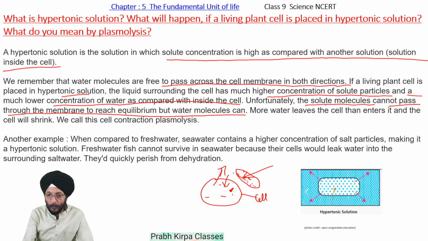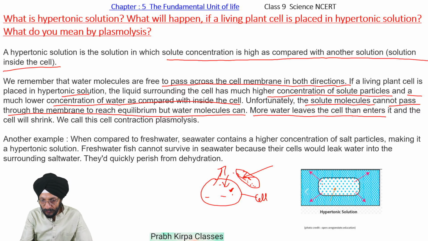So more water leaves the cell than enters. You will see here that water will move outside, because in the cell the concentration of water is more as compared to outside.